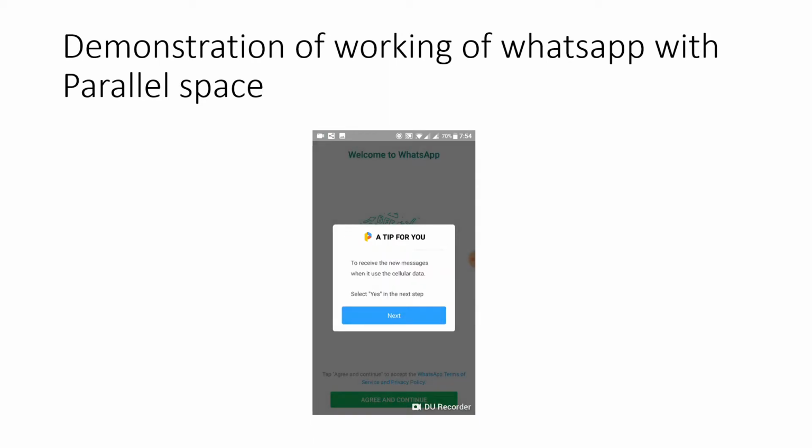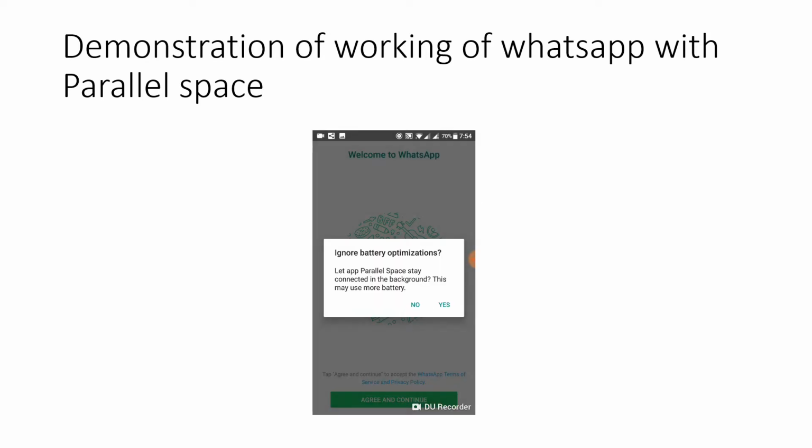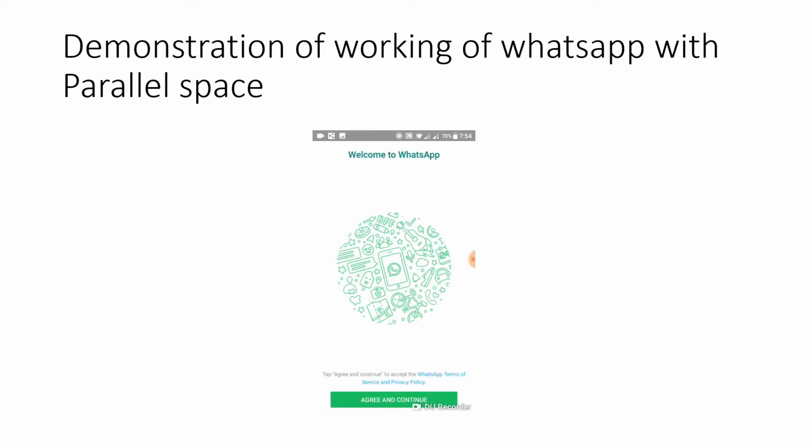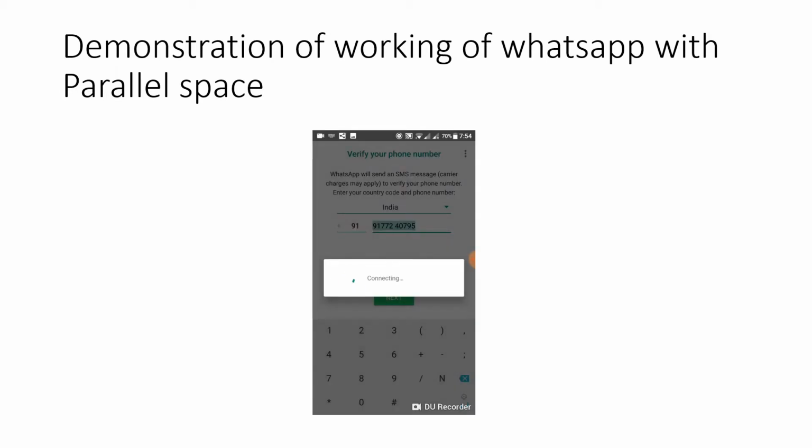Parallel Space gives me a few suggestions when I am trying to open it for the first time. I'm giving my credentials to WhatsApp, as we usually do when we log in to WhatsApp for the first time.